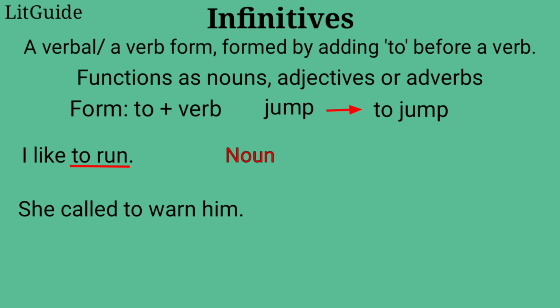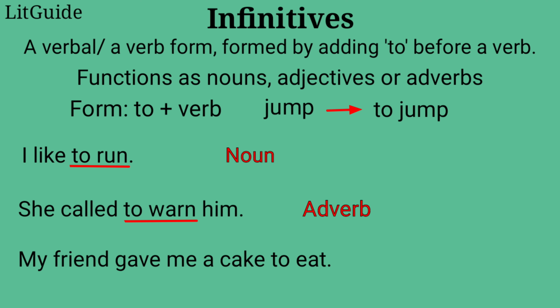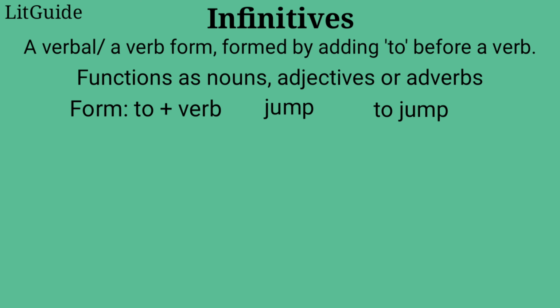She called to warn him. Here, to warn acts as an adverb that modifies the verb called. Now let us see how an infinitive acts as an adjective. Consider the sentence. My friend gave me a cake to eat. Here, the infinitive to eat tells something more about the noun cake, and hence it functions as an adjective.